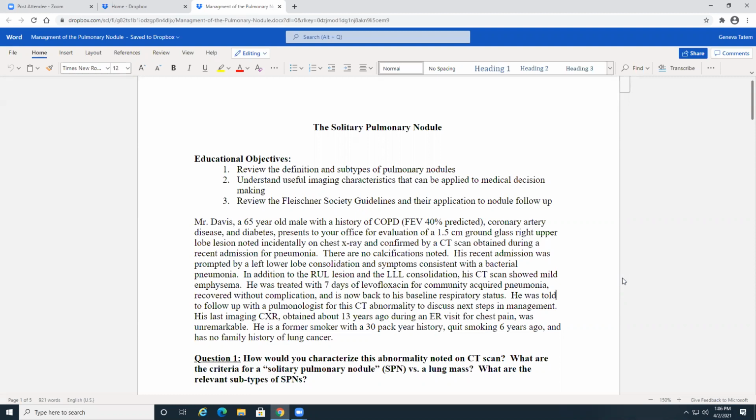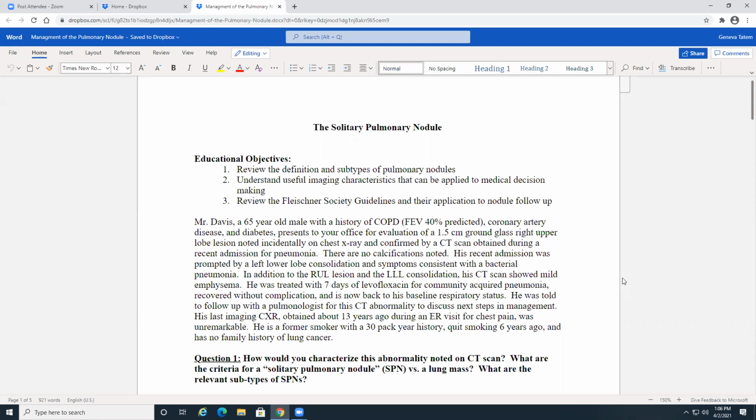Now, how do you typically sort of describe nodules? There's a little bit of clues here. The one described here, it's ground glass. Right. Solid. Right. So solid, semi-solid, subsolid, ground glass, or part solid, I guess, depending on how semantic you want to get.